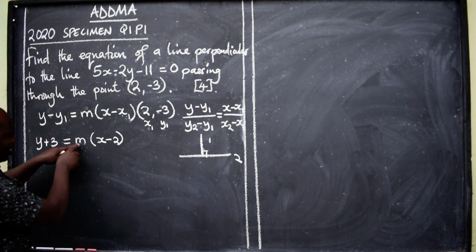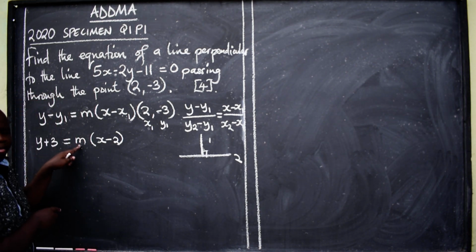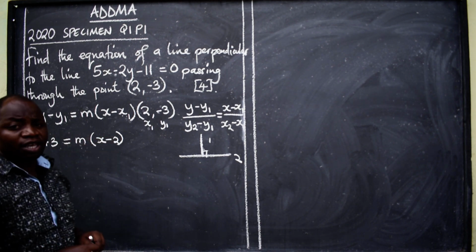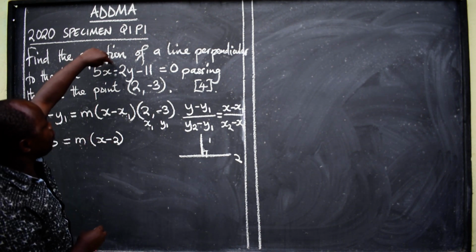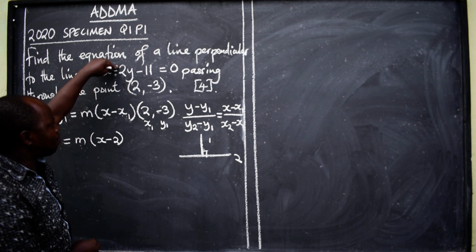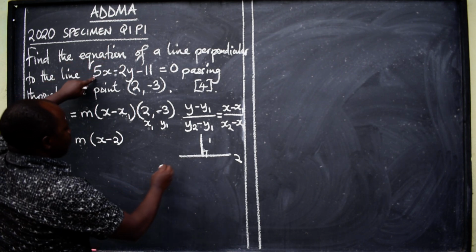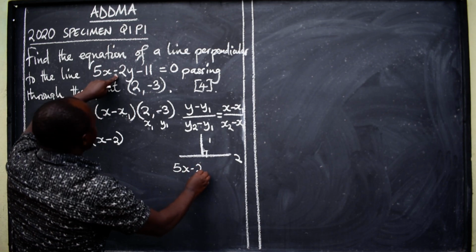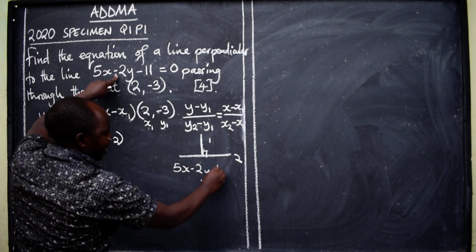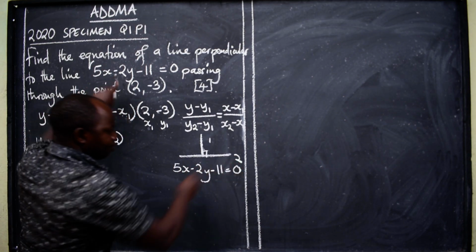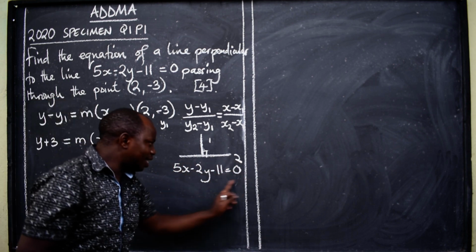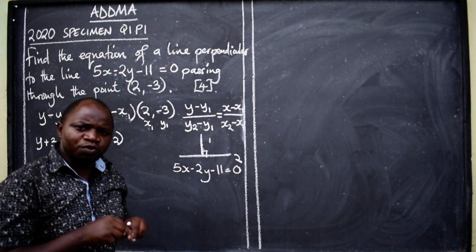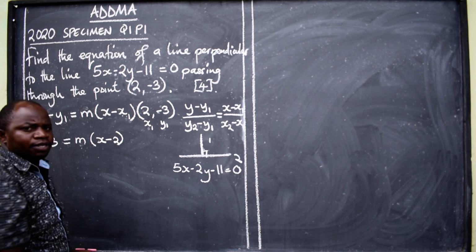So, to get the gradient of this equation, we are going to use the equation that has been provided. So we have 5x minus 2y minus 11 is equal to 0. In this line, we are going to find the gradient.